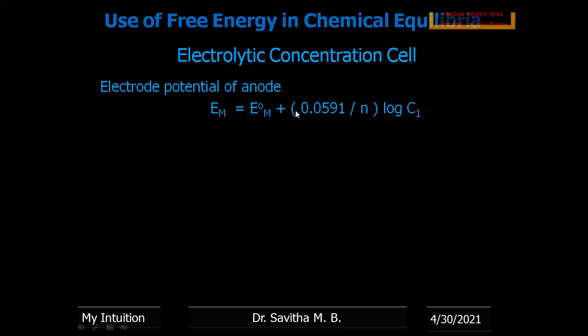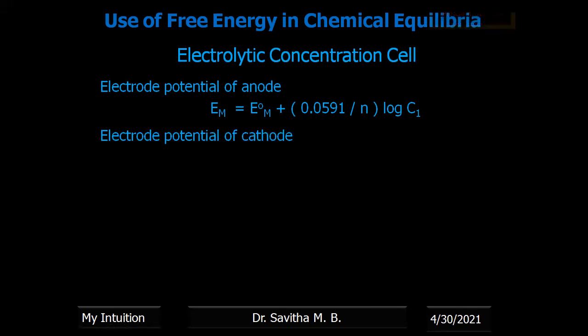For convenience I am considering standard temperature. If the temperature is other than standard, then you will have to write 2.303 RT by nF. For explanation purposes I am considering standard temperature, and at the end we will write again as 2.303 RT by nF. So this is the Nernst equation for the metal acting as anode.